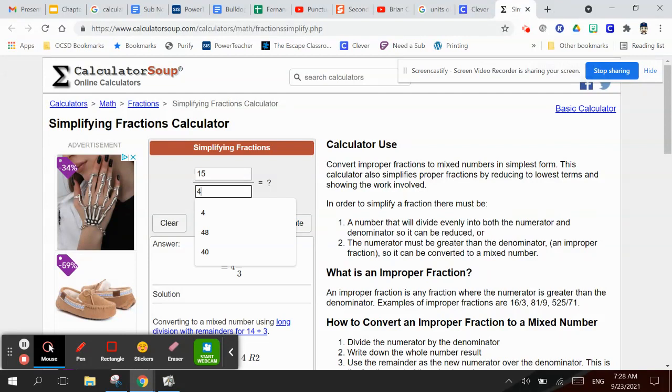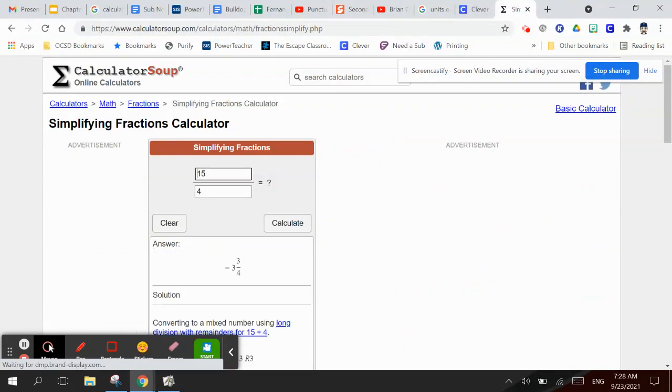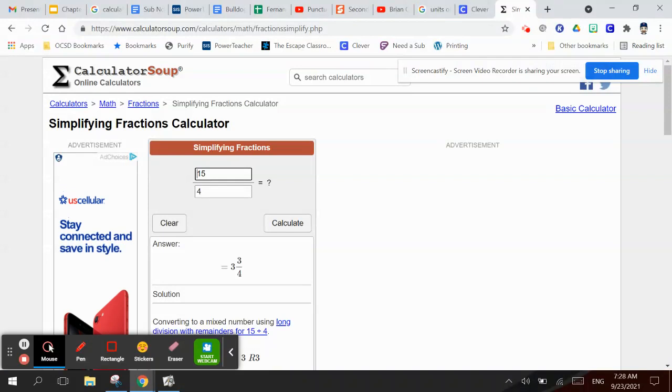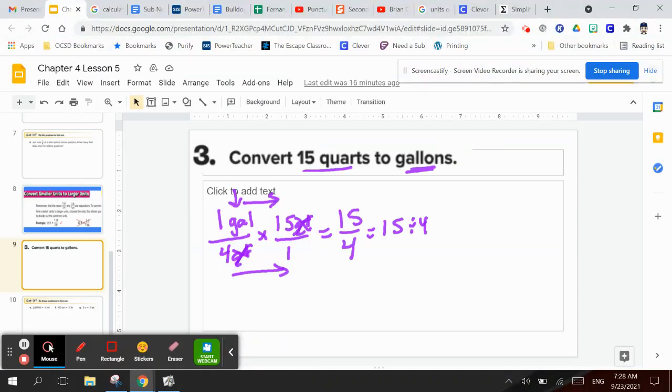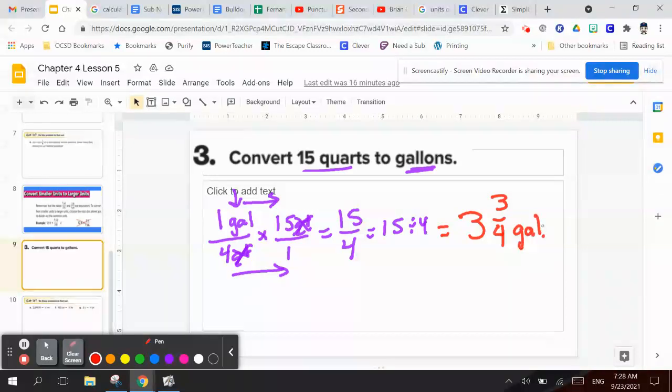So I type in my fraction and I simply hit calculate. And then it tells me right here what my new fraction is, which is 3 3/4 gallons. Okay, so we're going from small to large. So my numbers are going to be a lot less.